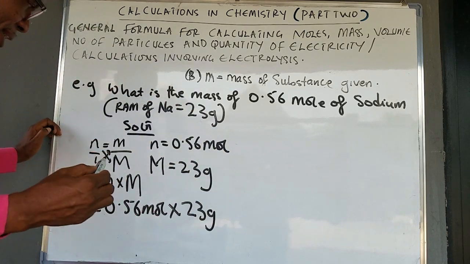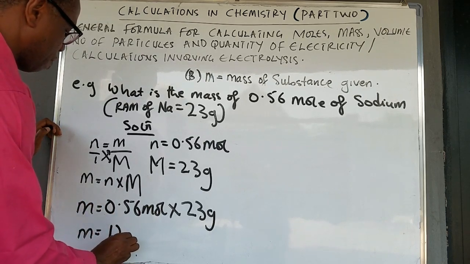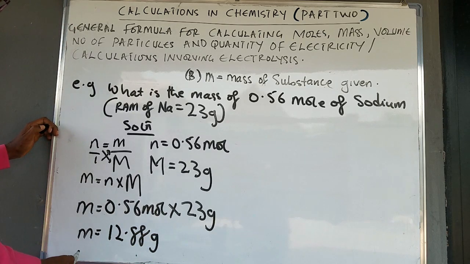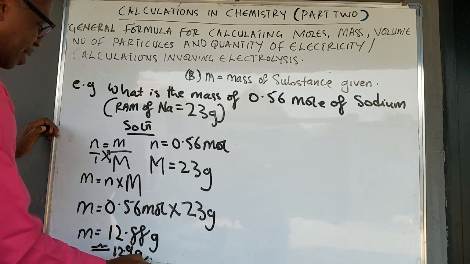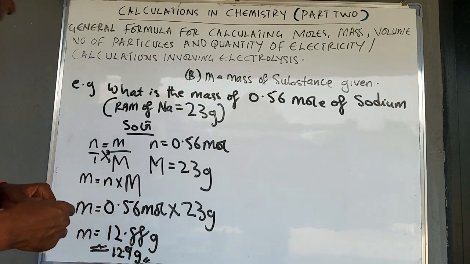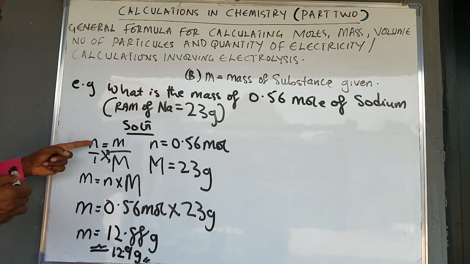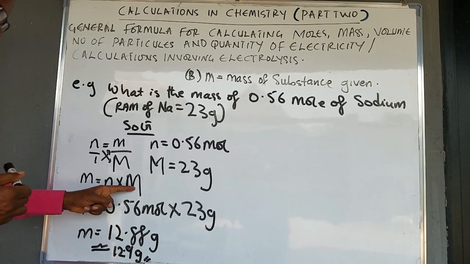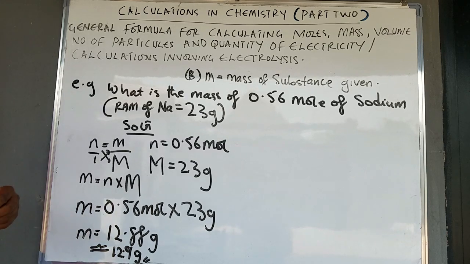And if you do the calculation carefully, the answer is going to give you 12.88 grams. Depending, you can approximate and make it 12.9 grams. That is exactly the answer to this simple question. Remember the formula n, but I'm looking for m, and the molar mass is always at the back there. So I have n times M, and it gave me this answer.